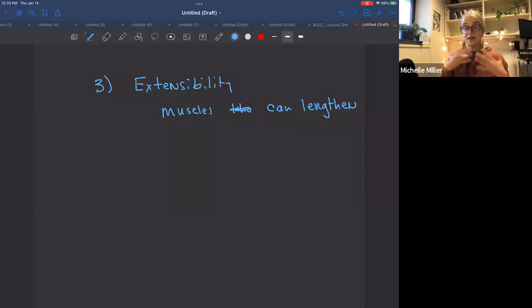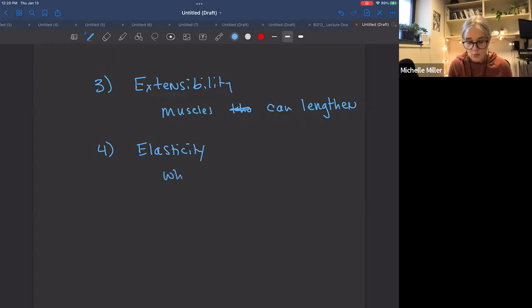And then we'll also talk about the role that the connective tissue plays in this. So muscles can lengthen. The fourth thing is that muscles have elasticity. And that means that they tend to come back to a resting position. So when we stretch a muscle, it will kind of naturally come back to rest.